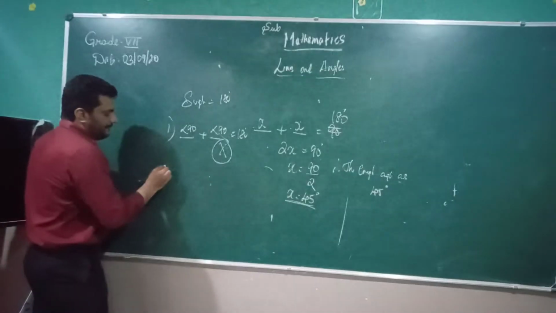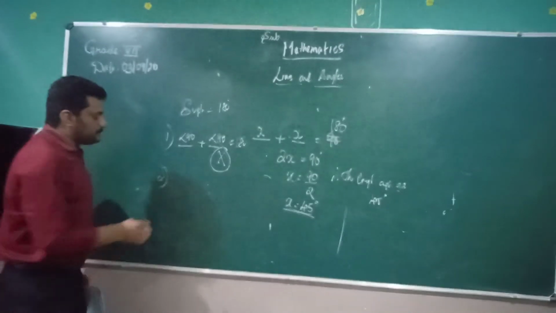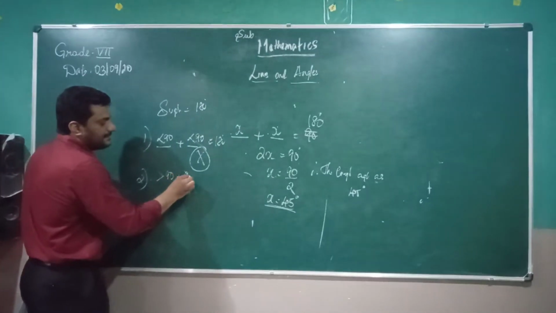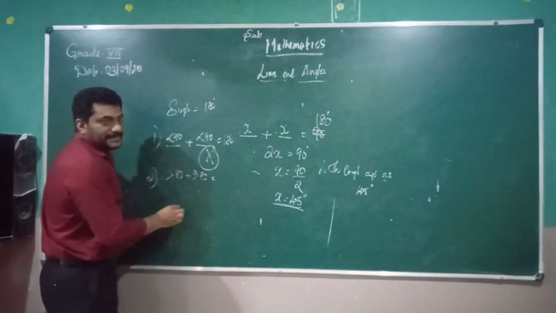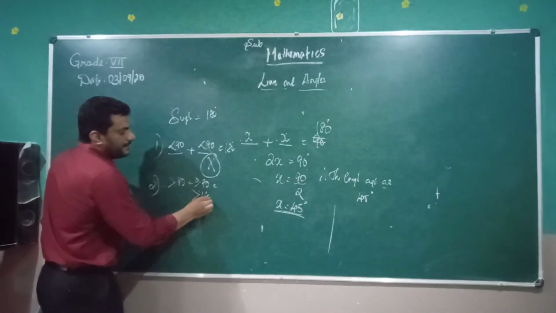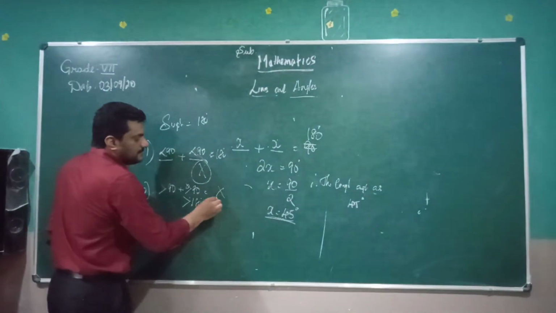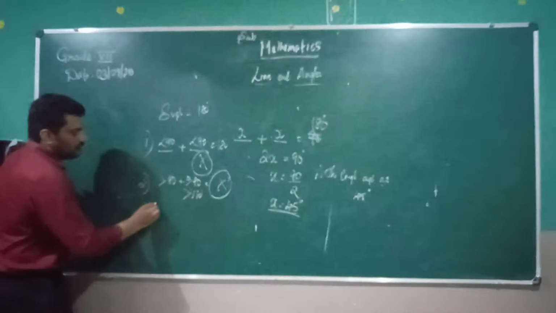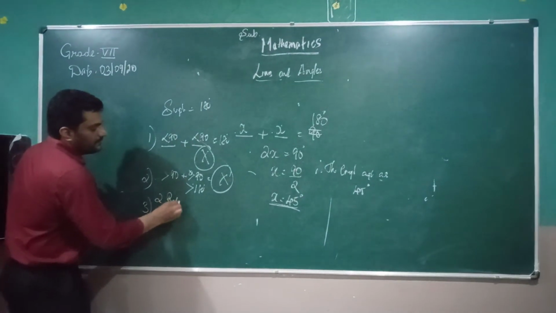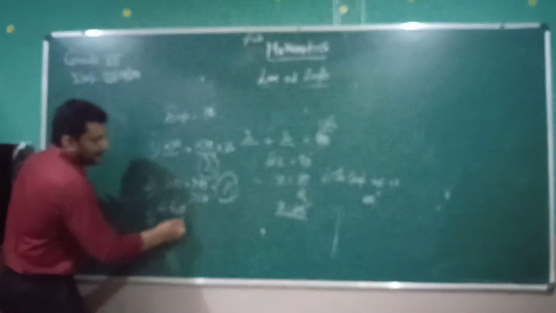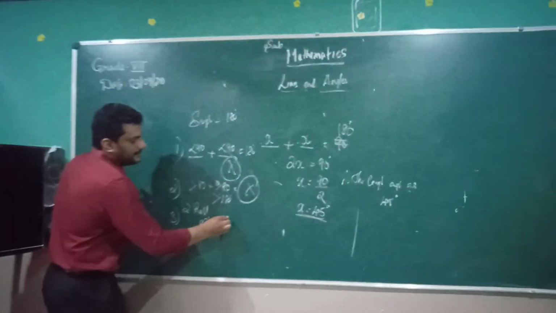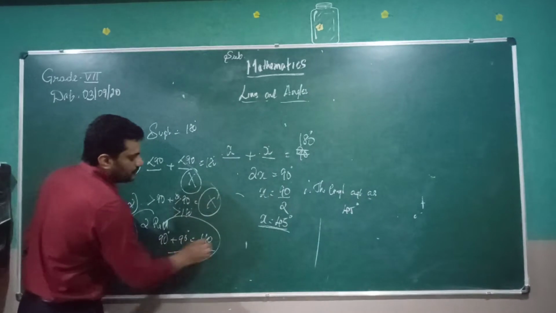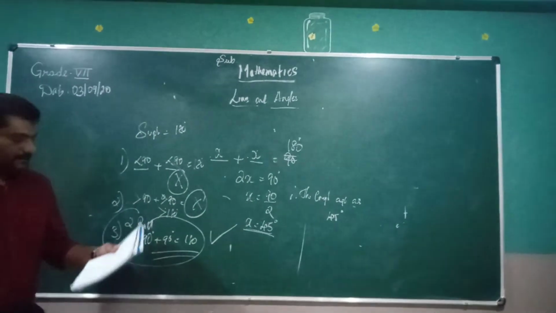Similarly, when I have two obtuse angles, greater than 90 plus greater than 90, we will get greater than 180 degrees. So even this is not possible. The third option is two right angles. What is a right angle? 90 degrees plus 90 degrees. Do we get 180? We get 180.